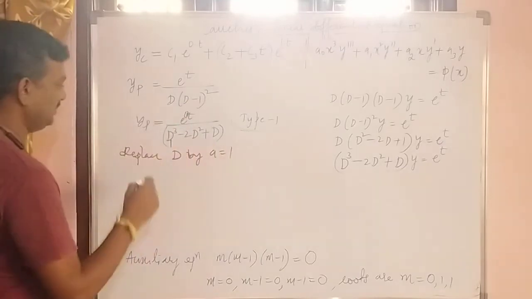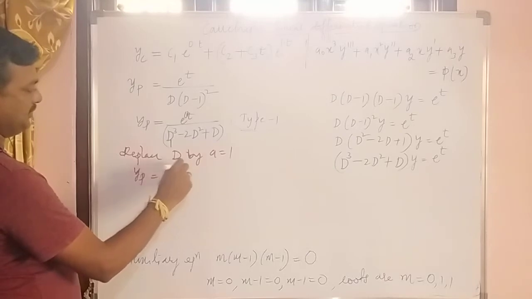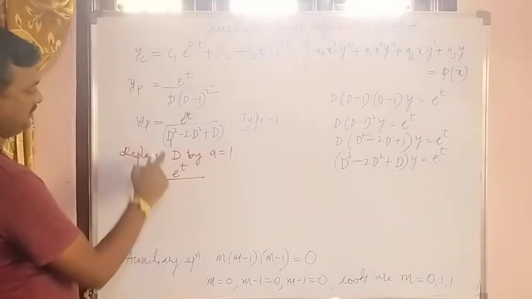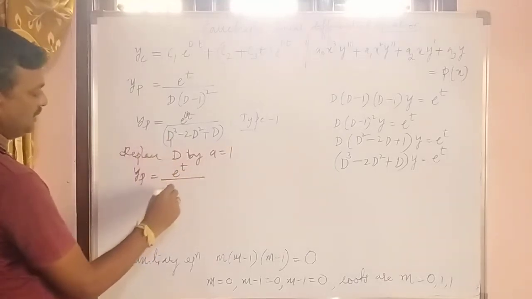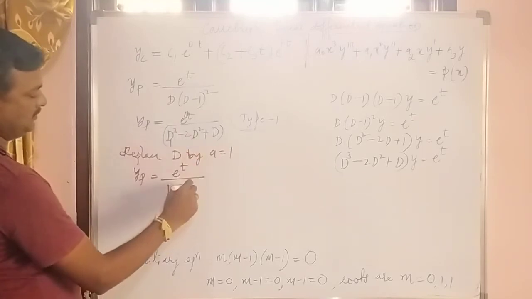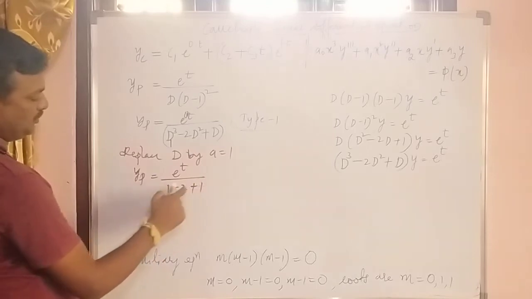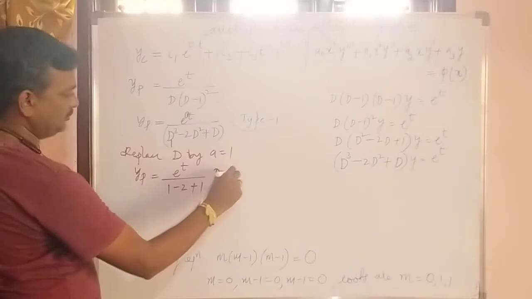So yp is equal to e raised to t divided by 1 cube is 1, minus 2 into 1 square is 2, plus 1. Look, 1 plus 1 is 2, 2 minus 2 is 0. The denominator is 0.